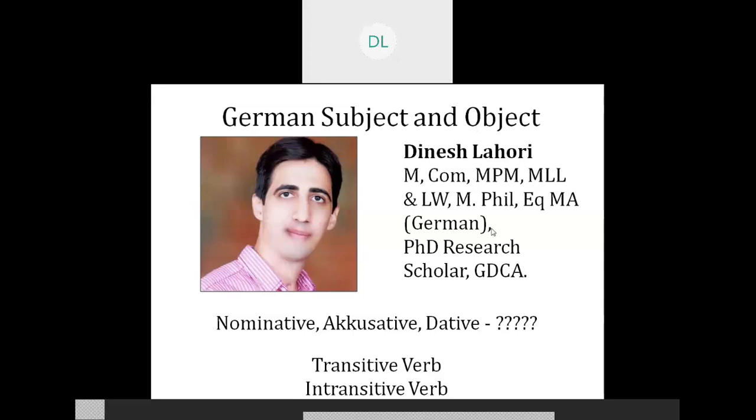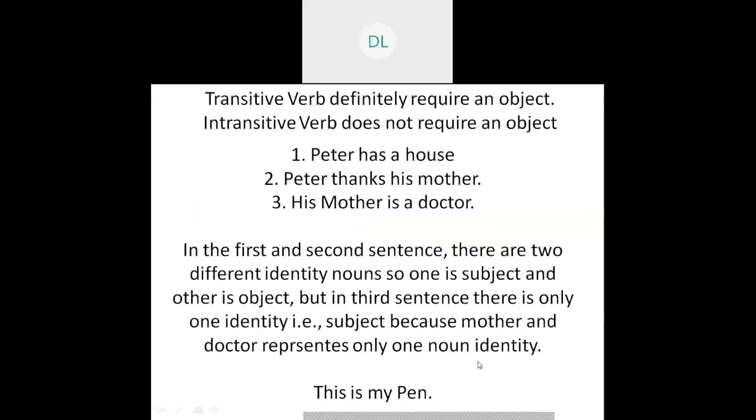What do you mean by a transitive verb and intransitive verb? Transitive verbs are the verbs which definitely require an object. I repeat, transitive verbs are the verbs which definitely require an object.